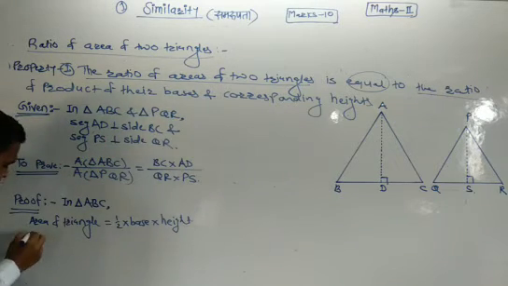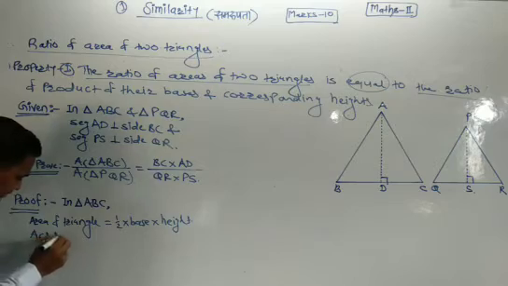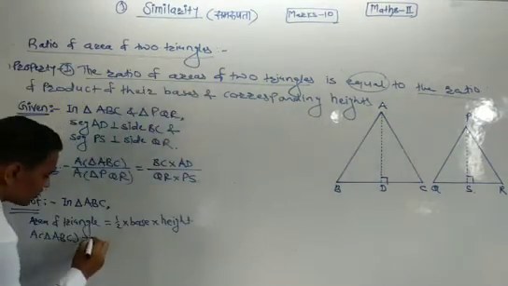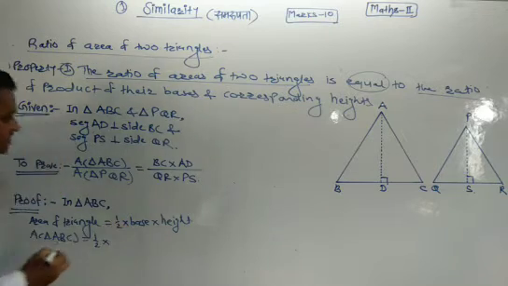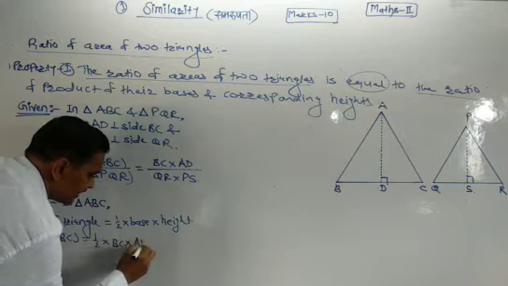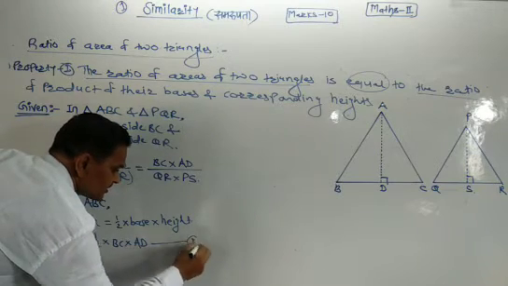Now area of triangle ABC equals 1 by 2 into base BC into height AD. This is equation number first.